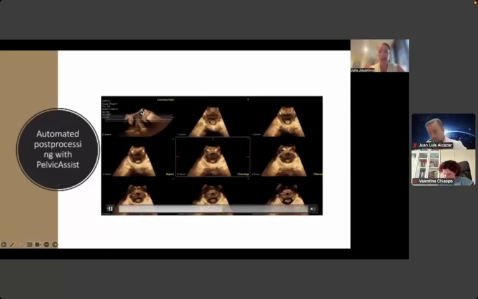You can see here that in this image, we are perfectly at the open, closing, closed level of the ramus symphysis. And of course, the system may follow the patient. If the patient moves or contracts muscles, the line will be aligned automatically. So you will always be at the correct level.